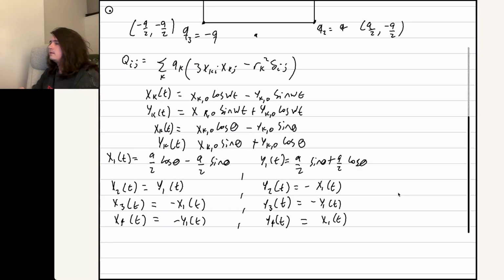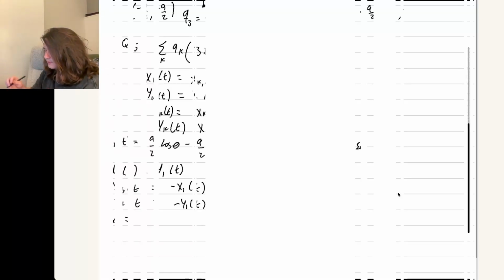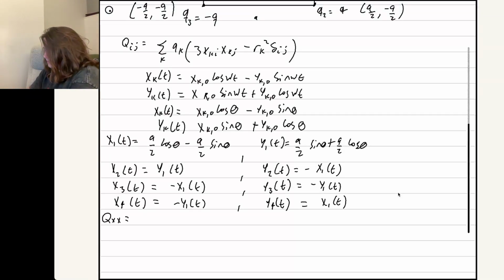All right. So when we calculate our quadrupole moments, we're going to look at the qxx term first. Where was that formula? So sum over k of qk times the stuff.